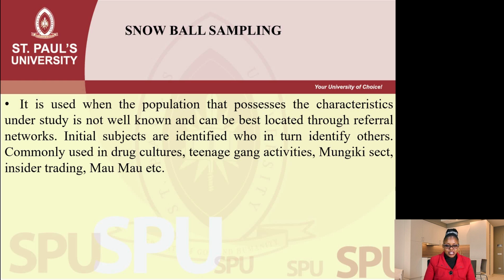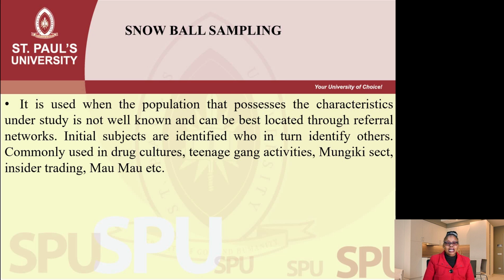This one is an interesting one because you normally use this kind of sampling technique, especially where you do not have the names or you do not have the people who are in that population. You are not able to identify them. For example, if you are to conduct a research on all bank managers in Kenya, you will surely get that list somewhere in the website.